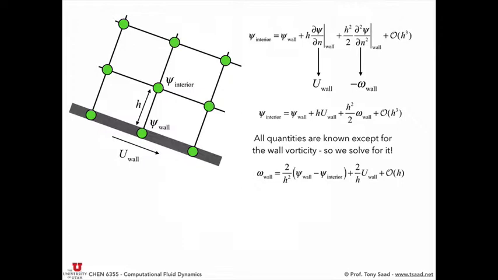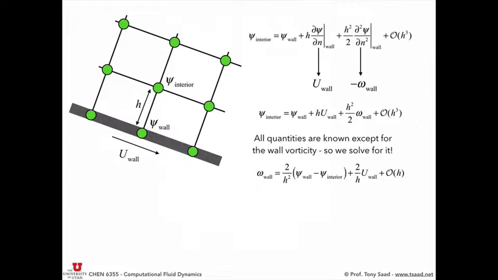So how do we do this? We simply write a Taylor series for psi interior as a function of psi wall. f of x equals f of x0 plus (x minus x0) times df/dx at x0 and so on.